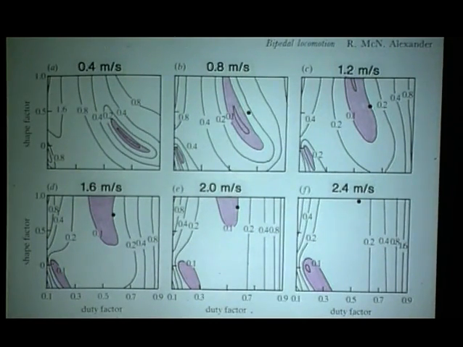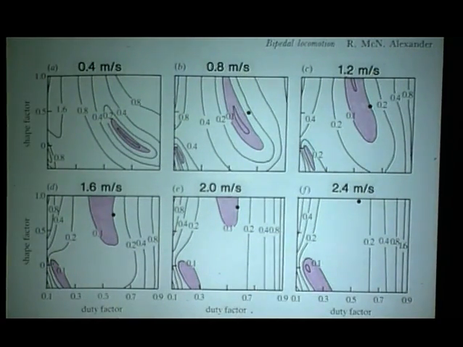Here you see the graphs and you see the speeds. Start off at 0.4 meters per second, a very slow walking speed. You've got a low energy cost for a walking gait. You've also got a low energy cost for a running gait just off to the left of the graph. Walk faster at 0.8 of a meter per second, you've still got your walking and running minima.